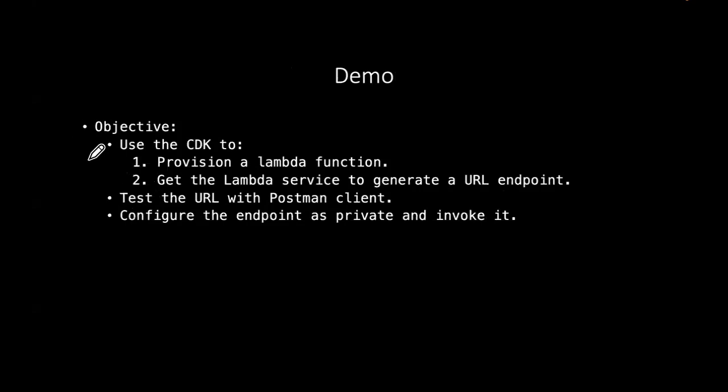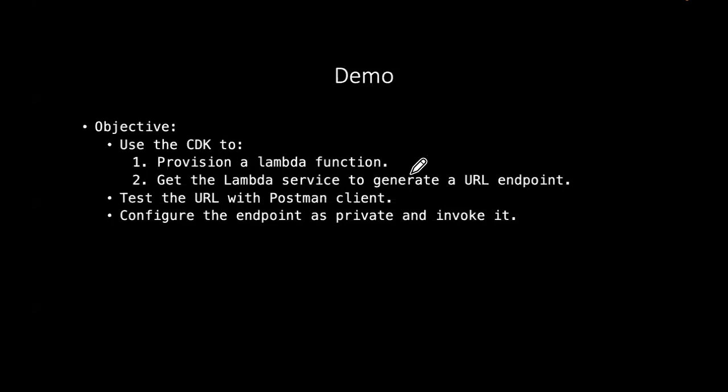I'm actually going to demonstrate that function URL style now. The objective is we want to use the CDK to provision a Lambda function, which we've already seen how that is achieved. But as well, we want to get the Lambda service to generate a URL for our Lambda function.